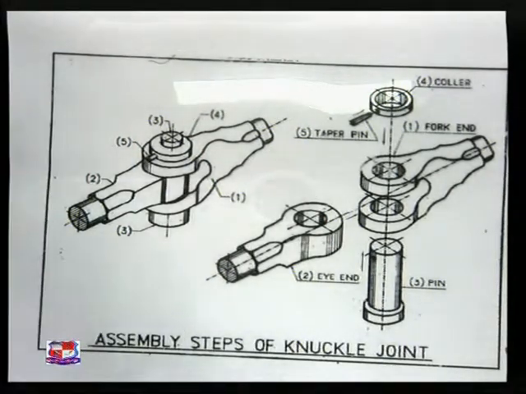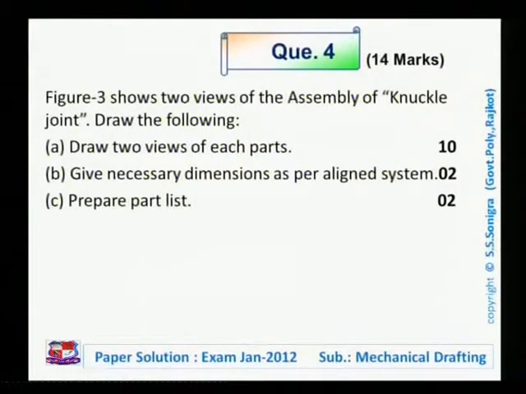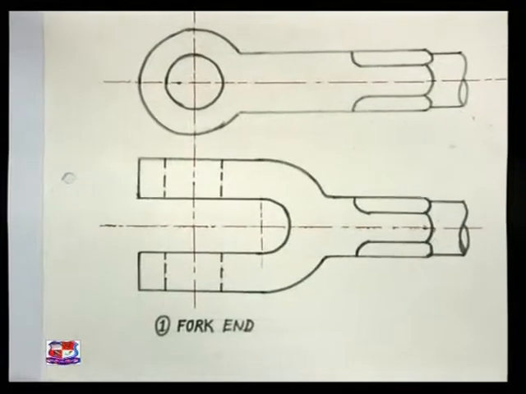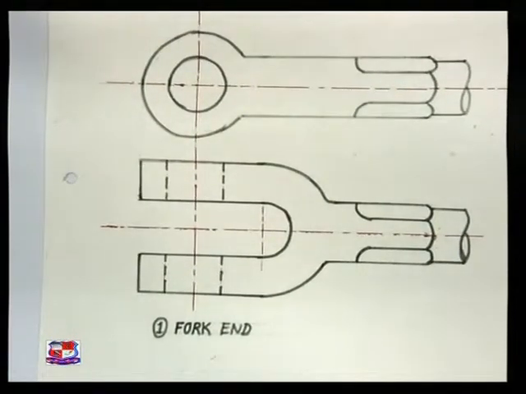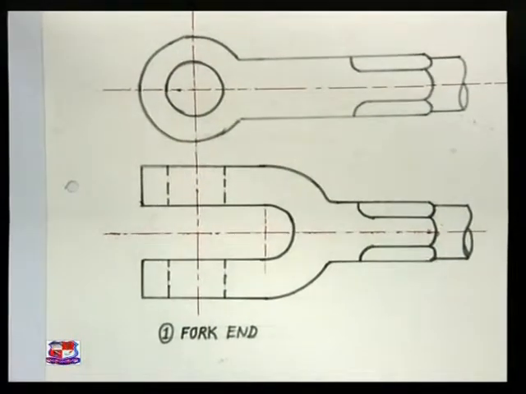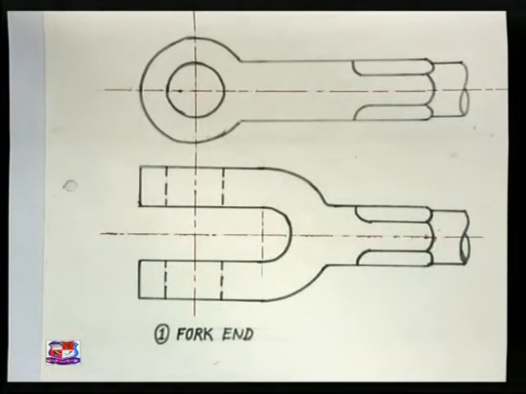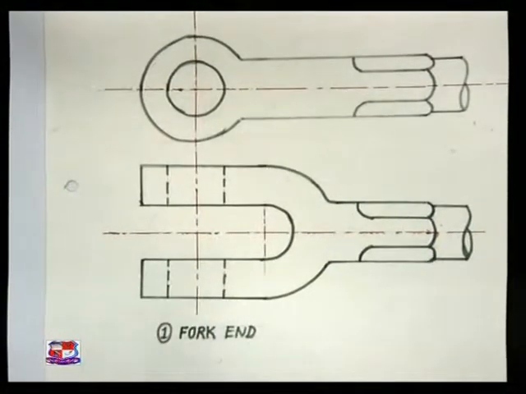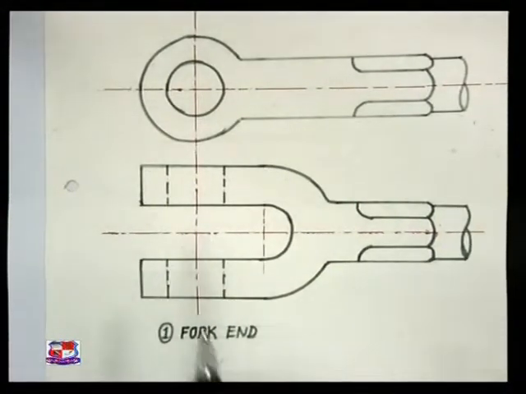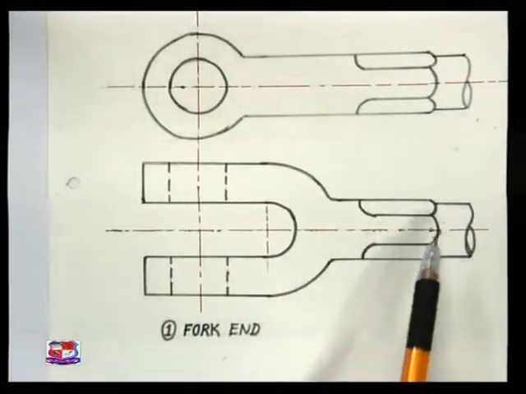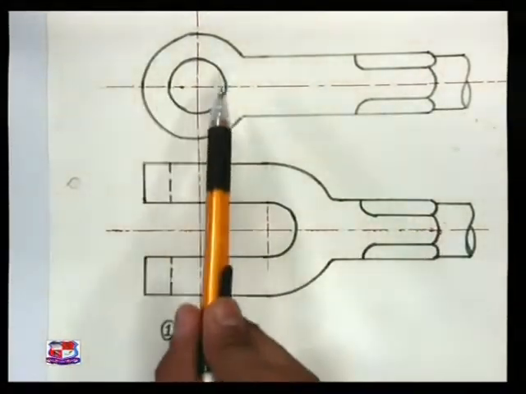5 components are there. The first is fork end. It is drawn like this. This is a fork end of given assembly, front view and top view of the given case. Parameters are known to us, dimensions are given in the assembly, and this represents the front view and this represents top view.